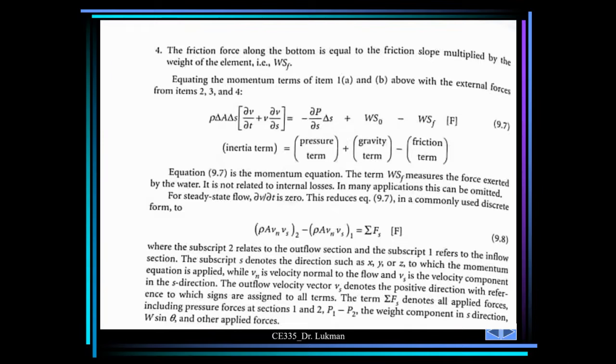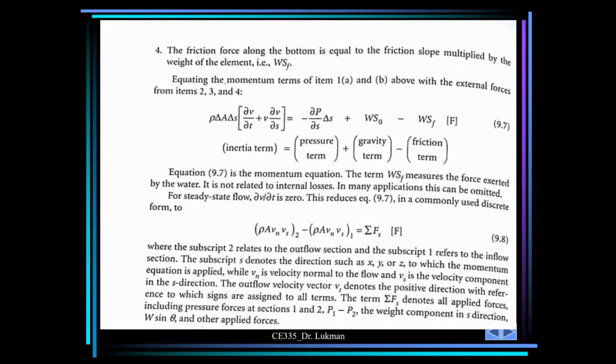All right, let's move on. The friction force along the bottom is equal to the friction slope multiplied by the weight of the element, which is W S f.